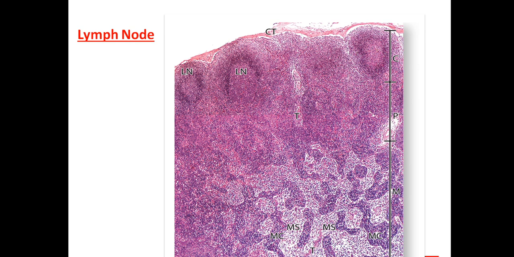This is the lighter layer called the medullae, consisting of cords of cells, the medullary cord. The space between them is called the medullary sinuses. In between there is the paracortex, between the cortex lymphatic nodules and the medullary cord and medullary sinuses.